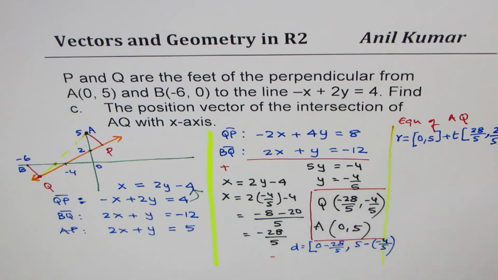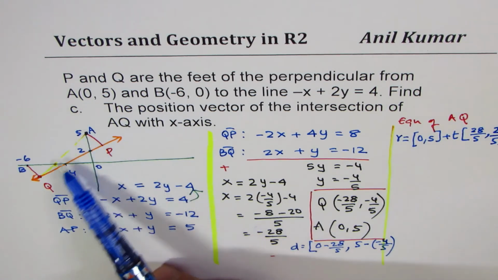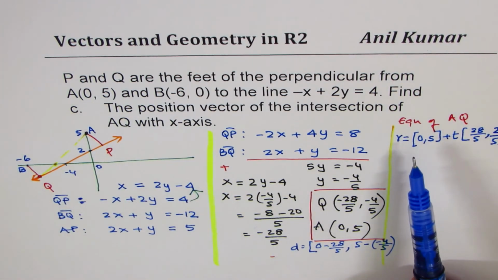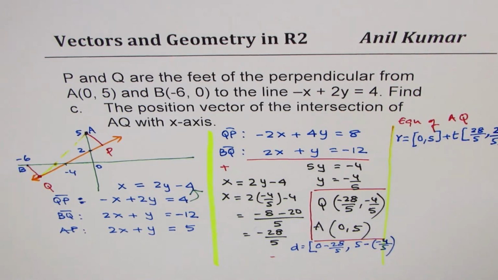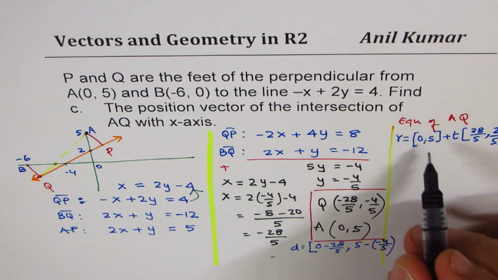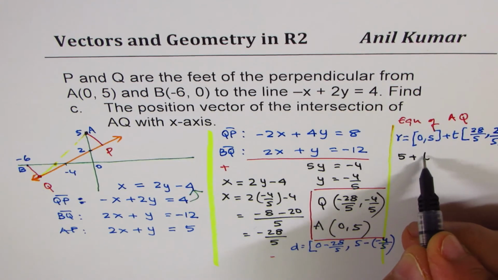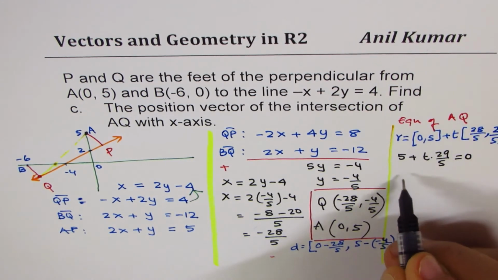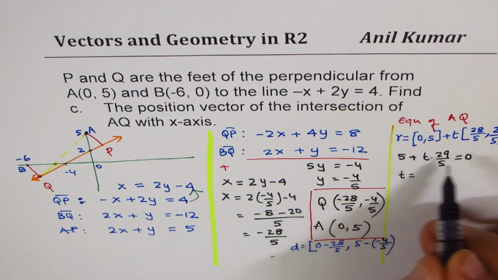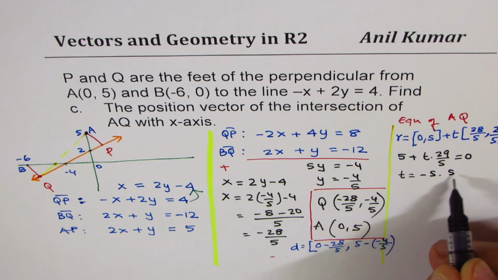Perfect. Okay. Now, this is the vector equation of this line AQ. To find the x-intercept, we can equate the y value to be 0, right? So if I equate y to 0, what I get is 5 plus t times 29 over 5 equals 0. So t will be equal to, taking 5 to this side, minus 5 times 5 over 29.